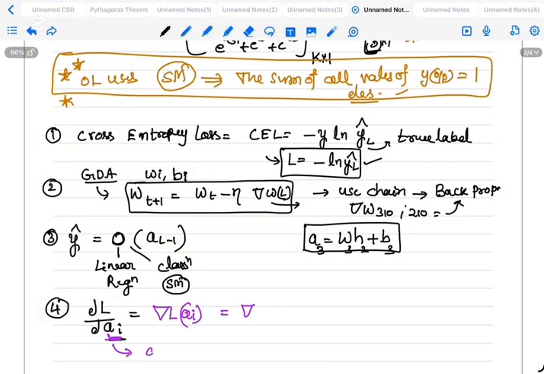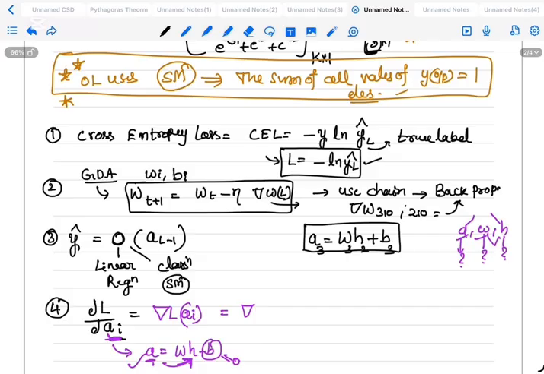Generally A is in terms of W H plus B, and sometimes the bias B is 0. There are three parameters: A, W, H. If they ask with respect to A, write in terms of W and H. If they ask W, write in terms of A and H. If they ask H, write in terms of A and W.